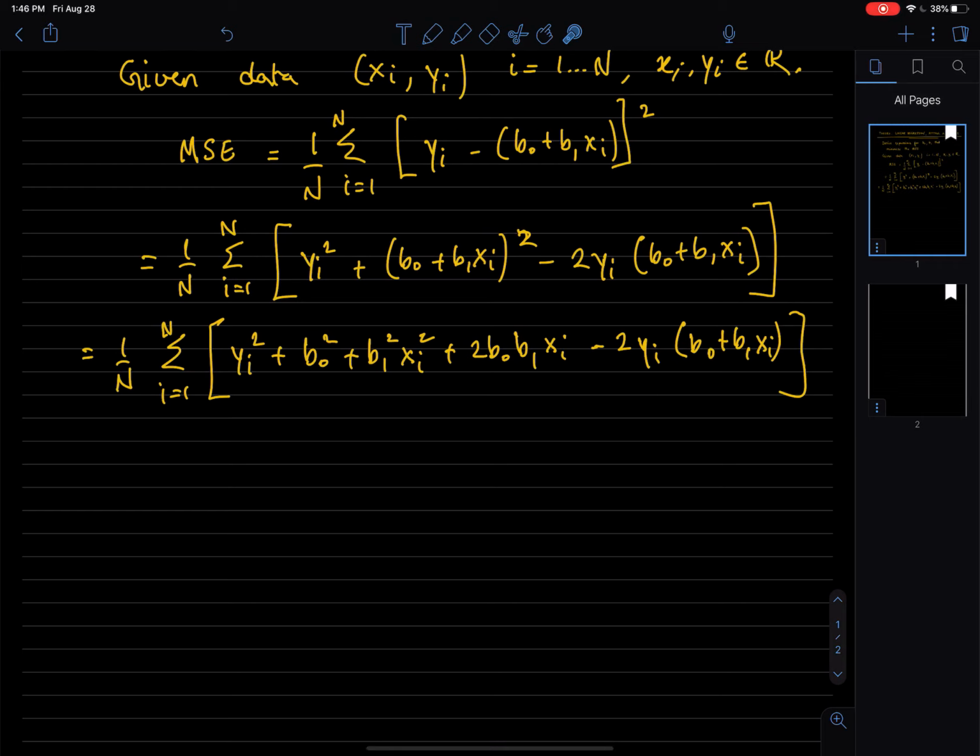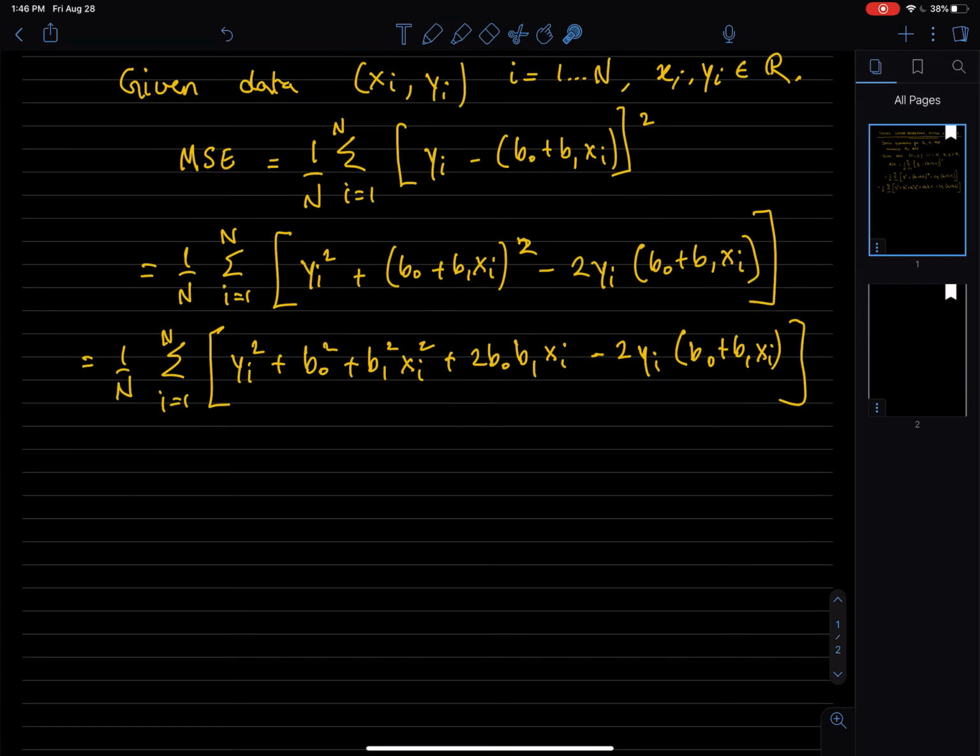Let's take the n to the other side, because n is just a constant. Minimizing the mean square error is the same as minimizing n times the mean square error, because n is just some constant. So let's do that. So n times MSE equals this whole thing.